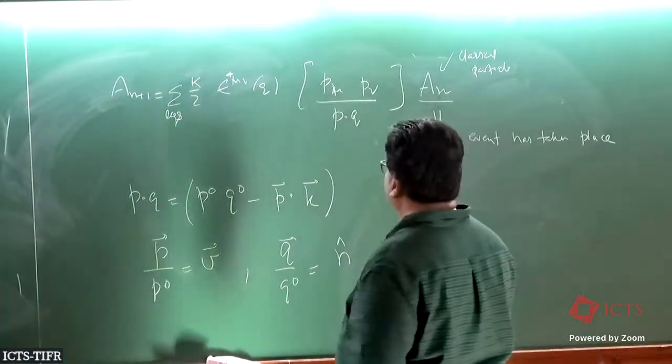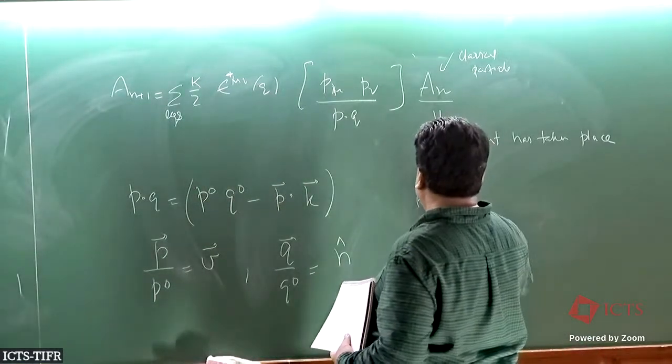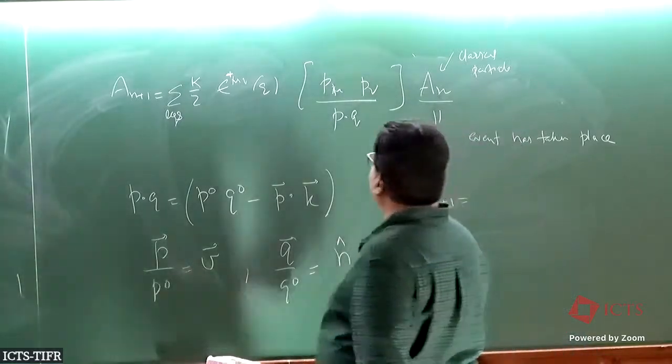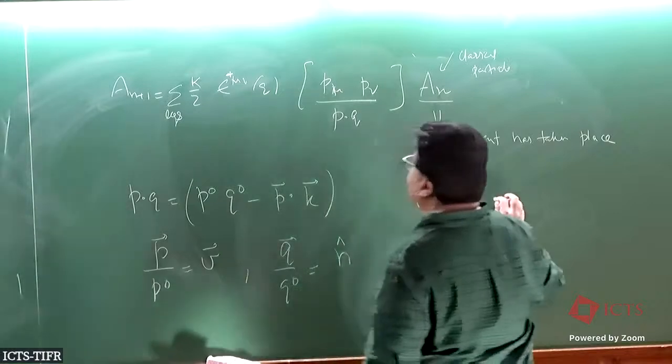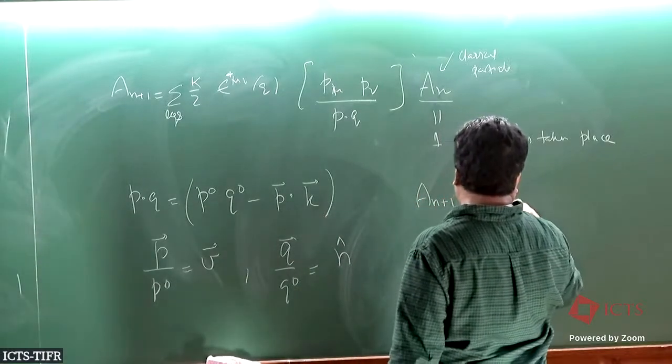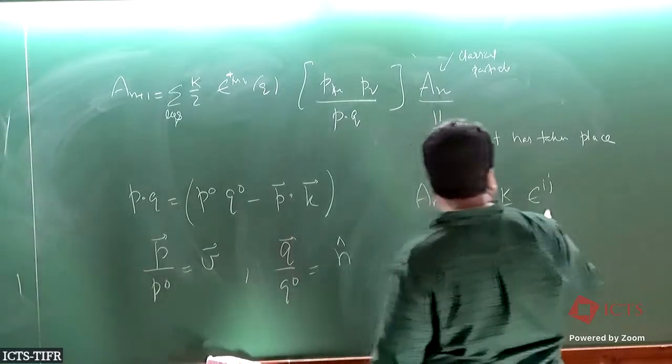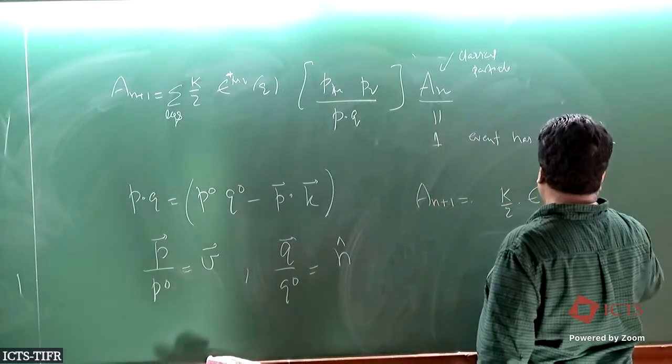Okay. And so basically this a n plus 1 is now beginning to, and so supposing I take this kappa by 2 and I now go to only ij components. Okay.